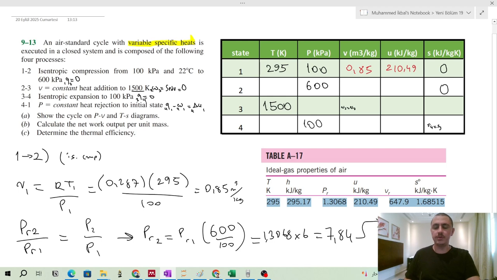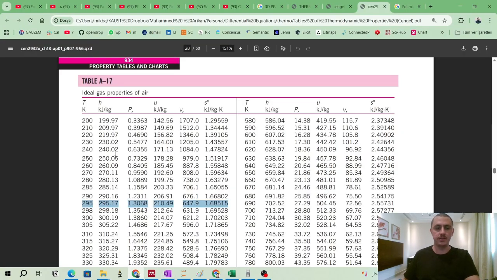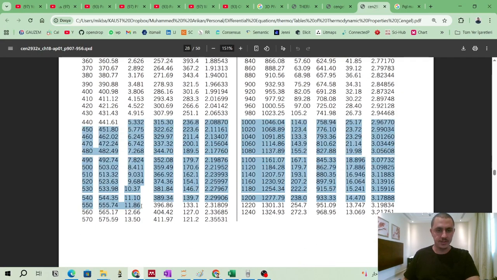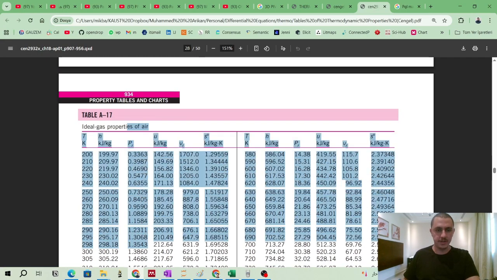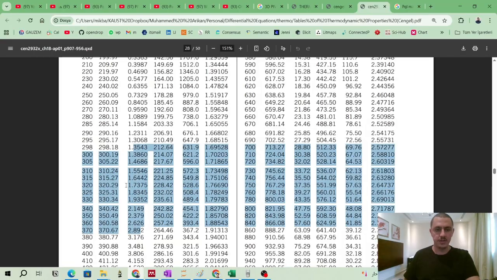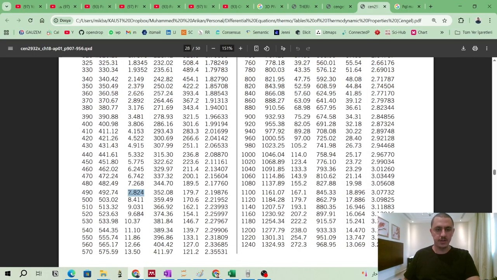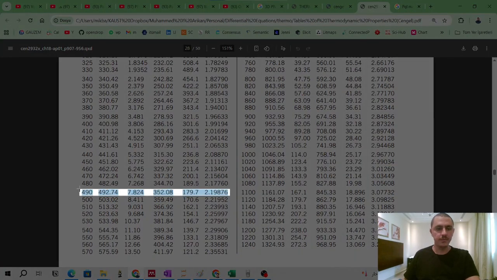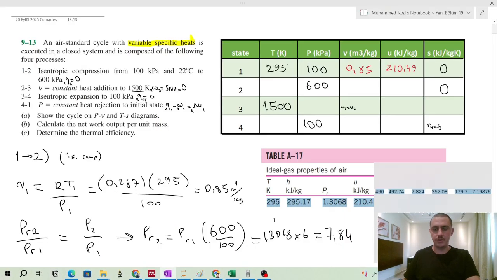I will go to the table to search this value, which corresponds to each temperature, so I can calculate the temperature from there. Let's see here, PR is changing by increasing temperature, and okay, I found it here. I have 7.82, which is close to our value.